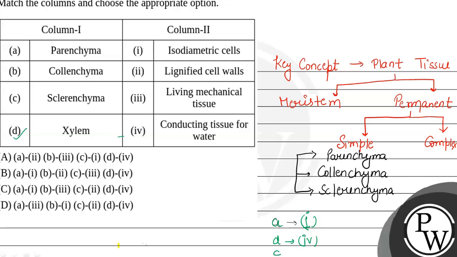So C के साथ I can mark second. लास्ट बट नॉट द लीस्ट, हमारा क्या बचा? कोलेनकाइमा. एंड कोलेनकाइमा, हमारी लिविंग मैकेनिकल टिश्यू, जो कोलेनकाइमा होता है इसके अंदर लिविंग सेल्स होती हैं और कोलेनकाइमा की जो सेल्स होती हैं वो इलोंगेटेड इन नेचर होती हैं एंड दे हेल्प इन द ग्रोथ एंड प्रोवाइड सपोर्ट टू द प्लांट बॉडी. सो दैट्स व्हाई B के साथ हमारा जाएगा ऑप्शन नंबर थर्ड, दैट इज लिविंग मैकेनिकल टिश्यू. सो B के साथ क्या जाएगा? सेकेंड ऑप्शन, सॉरी, थर्ड ऑप्शन, दैट इज योर मैकेनिकल टिश्यू.